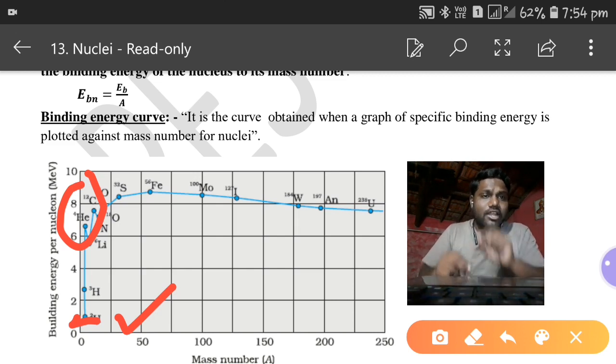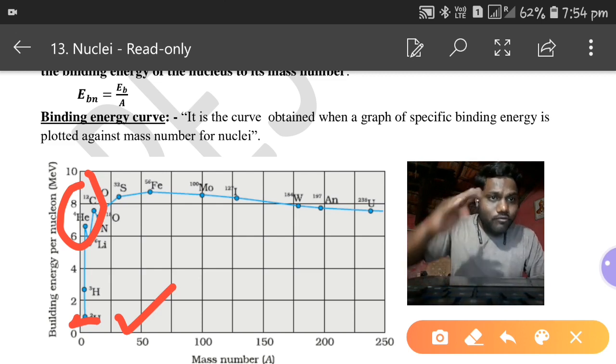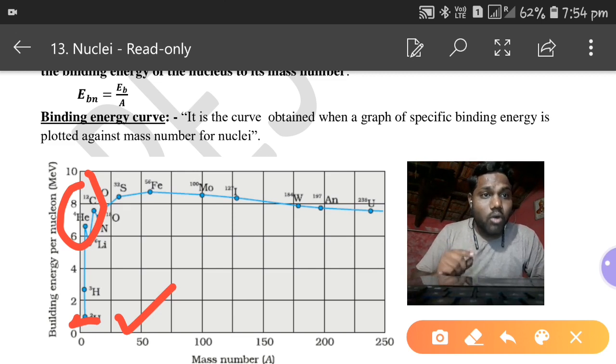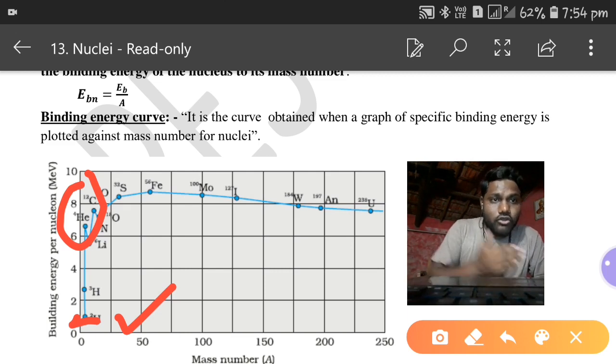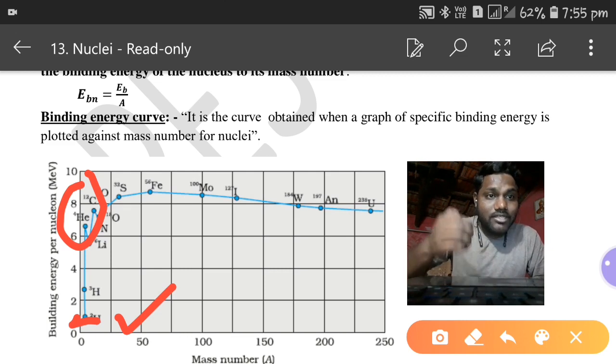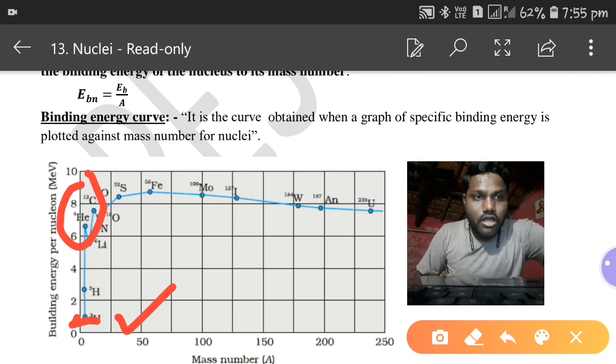Therefore the binding energy per nucleon is more for helium, so it is more stable than hydrogen-2. Hydrogen has odd numbers of protons and neutrons, so it is less stable compared to helium, which has even numbers of protons and neutrons.